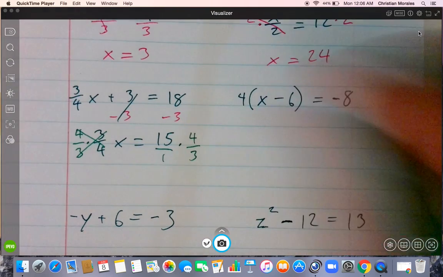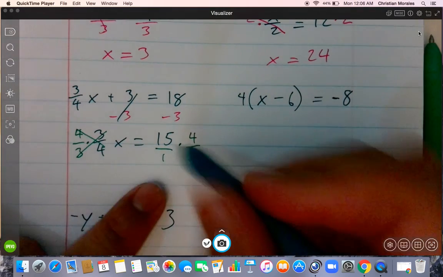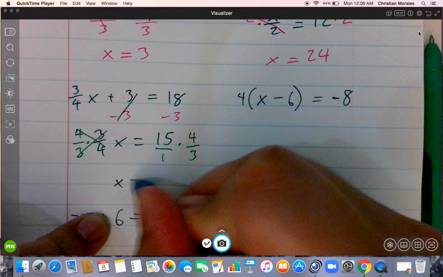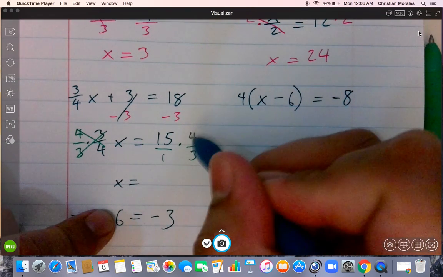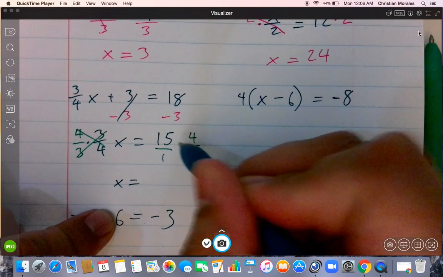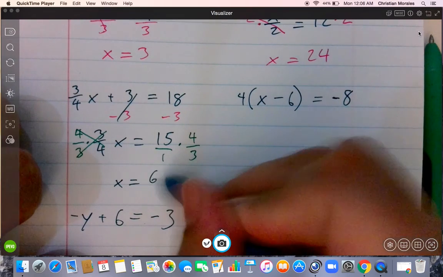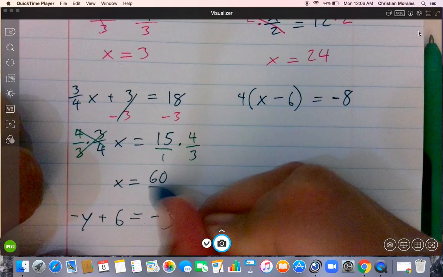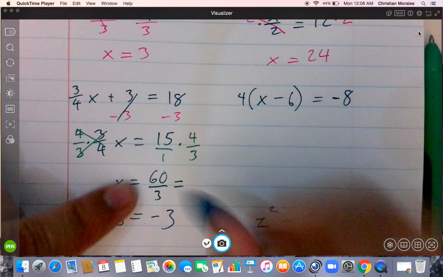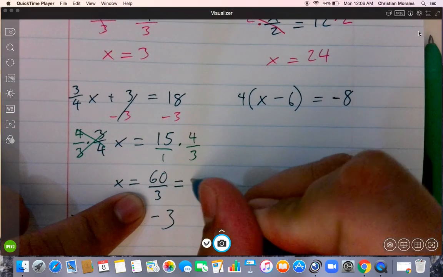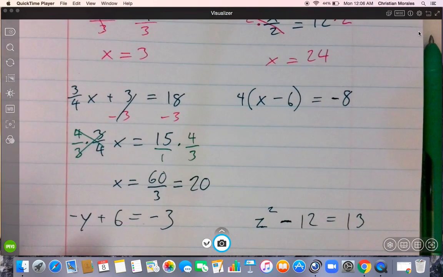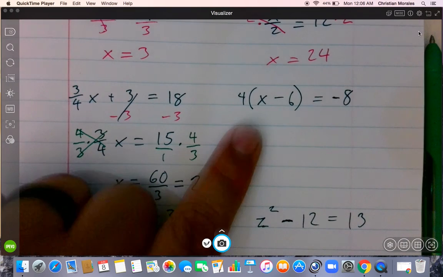So we're going to multiply that out. 15 plus 15 plus 15 plus 15, because you're multiplying it times 4. You get 60. 1 times 3 is 3, so you get 60 over 3. You simplify it. Always simplify your fractions. Your answer is 20.